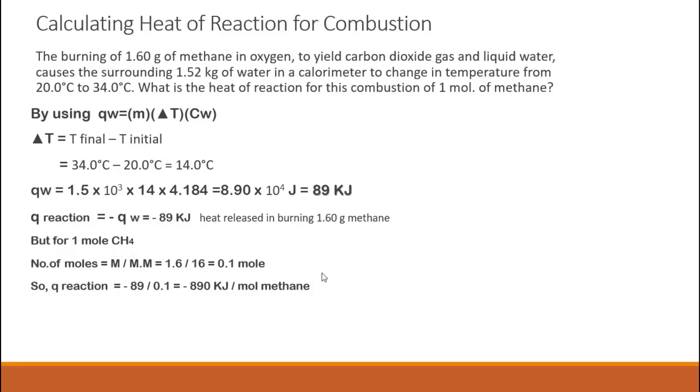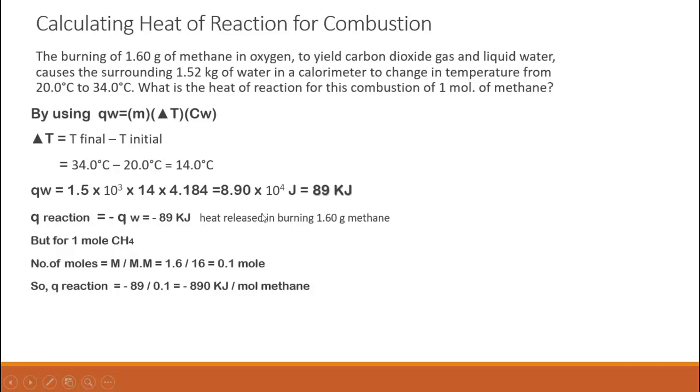By replacing the given numbers in the equation, we need to change the mass from kilogram to grams, so we multiply by 1000. So 1.5 times 10 power 3 times 14, which is delta T, times the specific heat of water 4.184. So it will be equal to 8.9 times 10 power 4 joules.